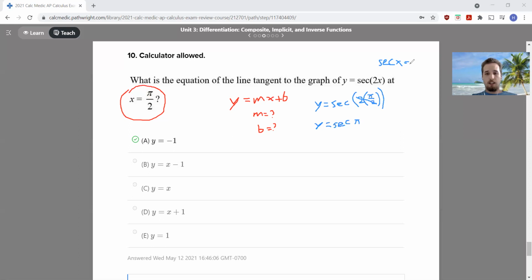Secant of x is equal to 1 over cosine of x. If y is equal to secant of pi, well, y is also equal to 1 over cosine of pi.